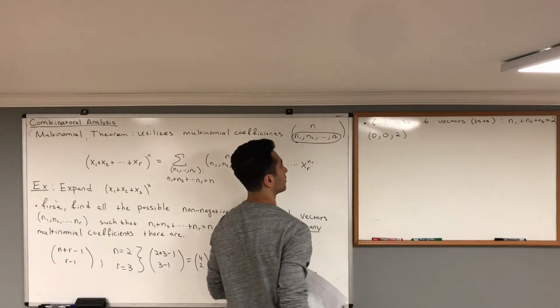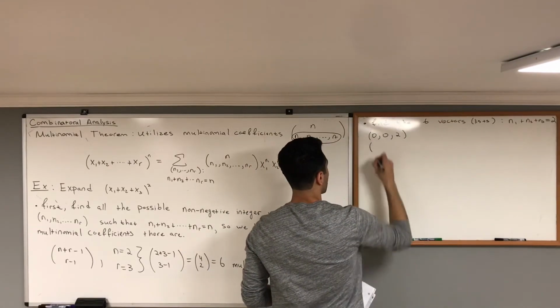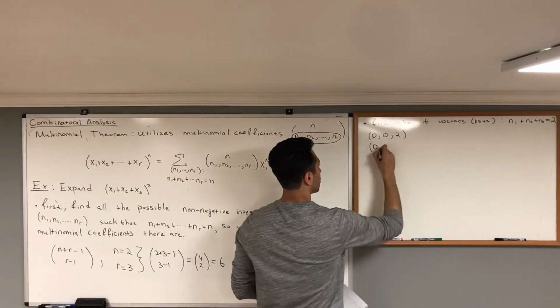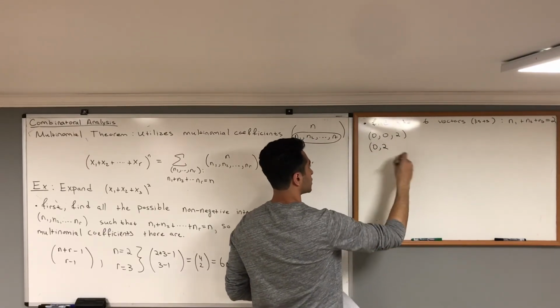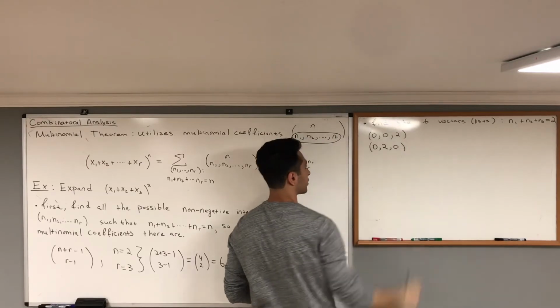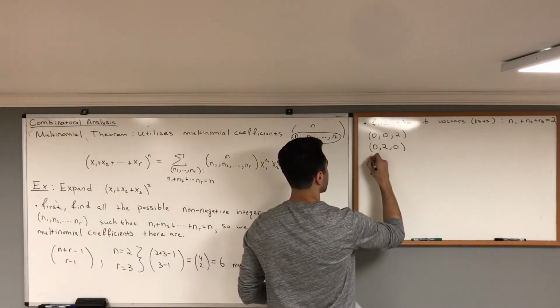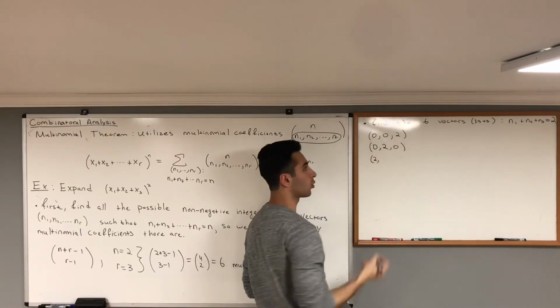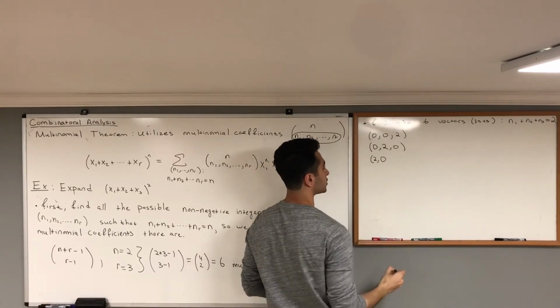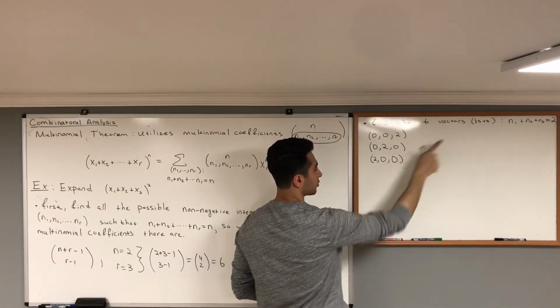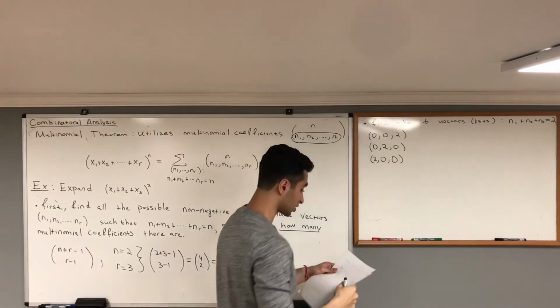Okay, that's 1. I need 5 more. Well, I could pick 0 again for N1, but then I could pick 2 for N2 and then 0 for N3. Oh, but then I could switch the 0 and 2 here, so I pick 2 for N1, 0 for N2, and 0 for N3, because 2 plus 0 gives you the 2. Okay, so now we're half done.